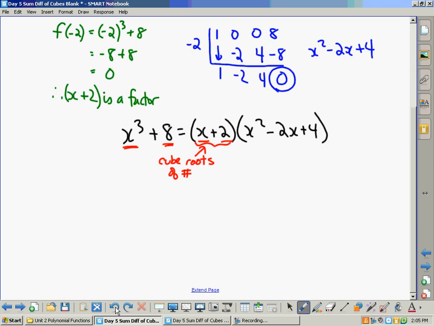Now, how do we figure out where the other numbers come from? If you notice the connection between x and x squared, and 2 and this, it turns out that both of these numbers get squared.